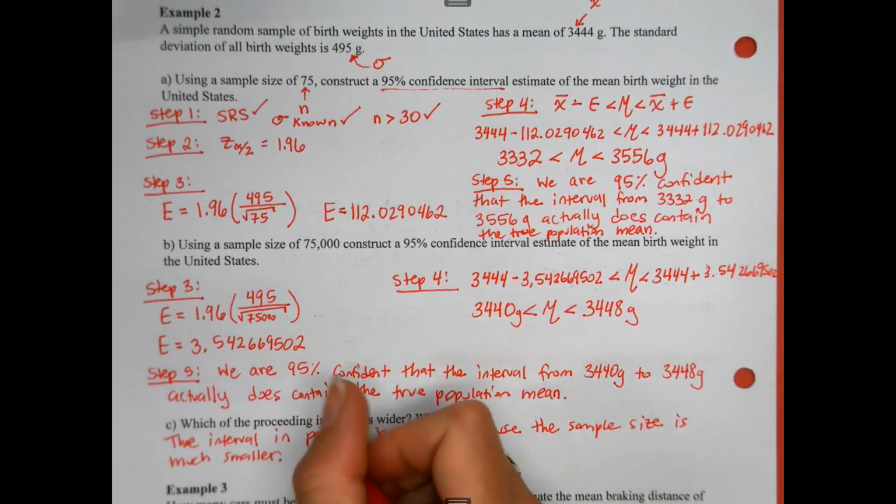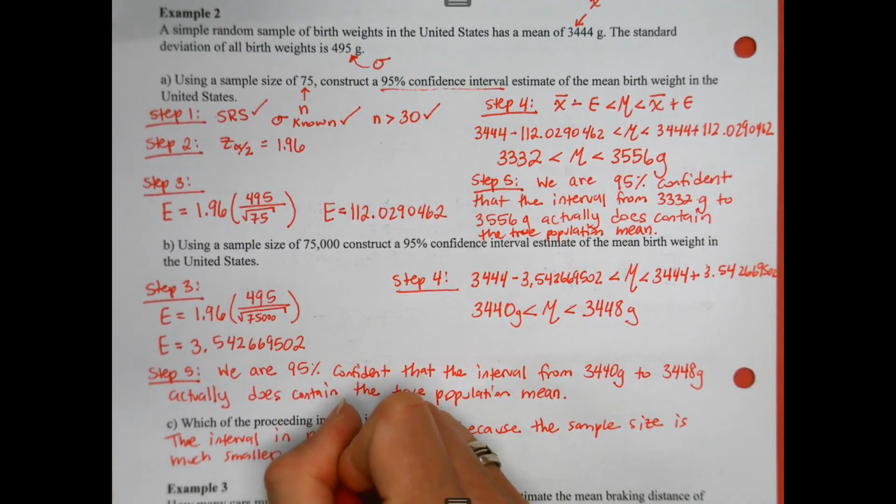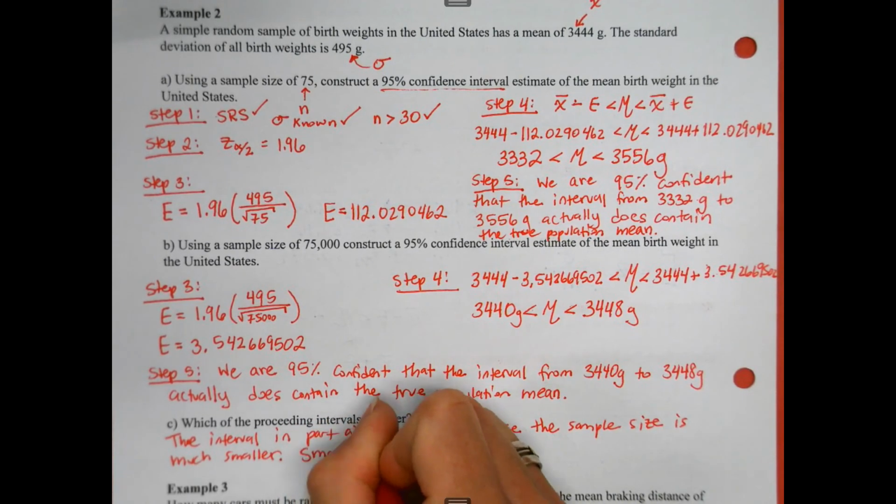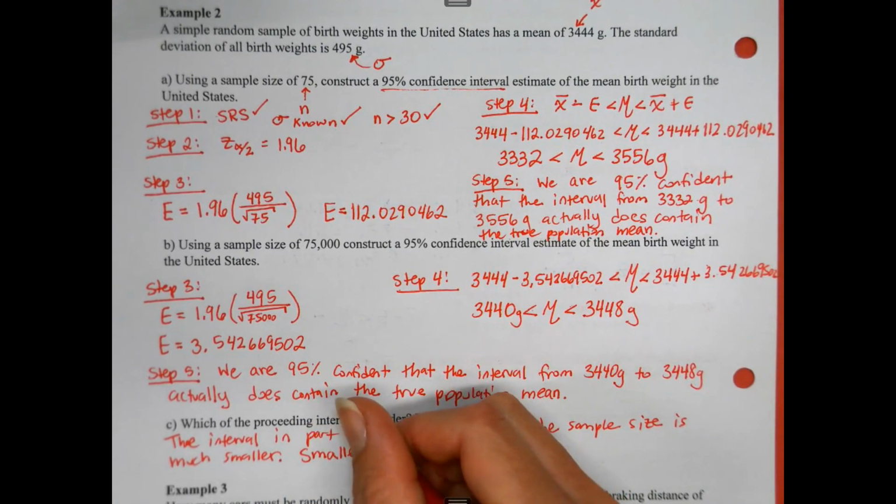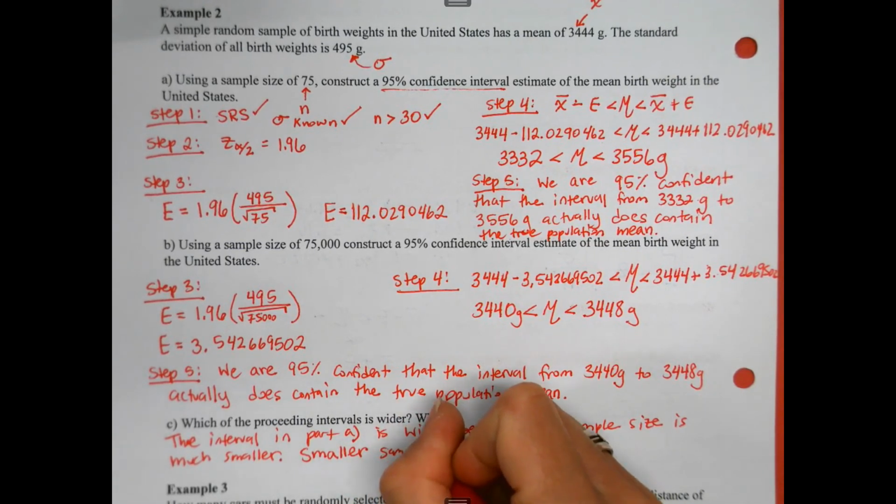Smaller sample sizes are going to result in a less accurate point estimate and therefore a greater margin of error.